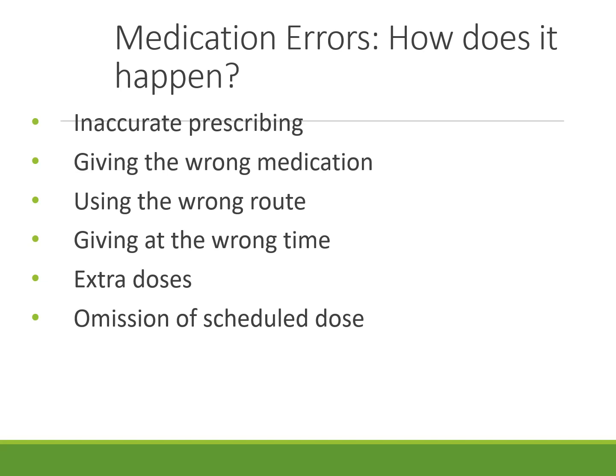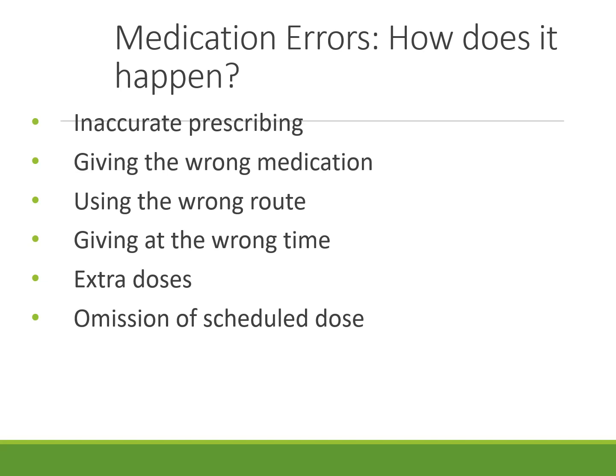Giving of wrong medication, so amoxicillin, ang nabigay natin ay ampicillin. Sounds like. Using the wrong route, giving at the wrong time, nagkamali ka ng tingin sa oras mo, ay late pala yung relo mo. Extra doses, okay? Imbis na 60 milligram, nagiging 600 milligram.